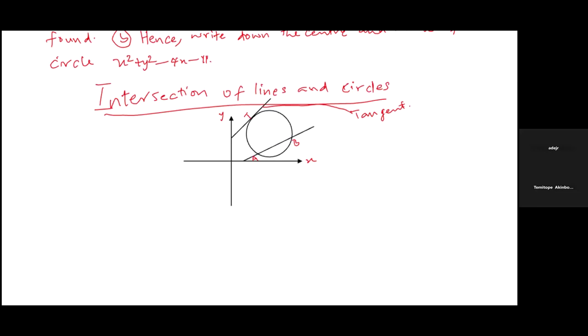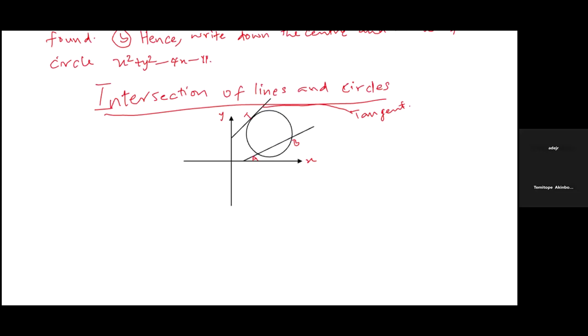That gives a simultaneous equation, one linear, one quadratic, because the line is linear while the circle is quadratic.